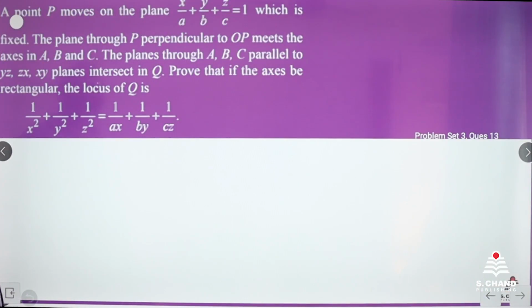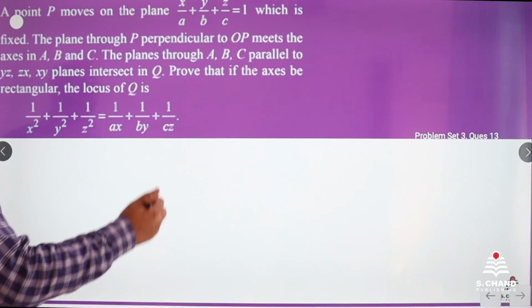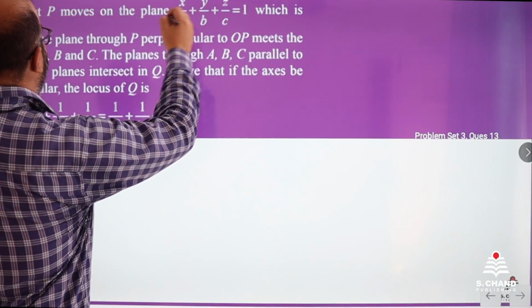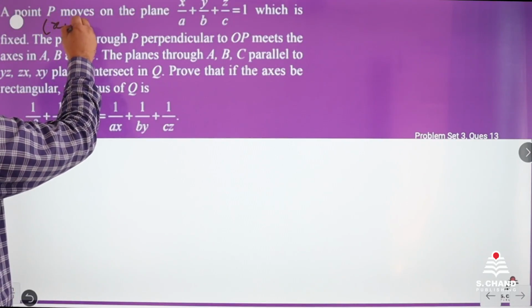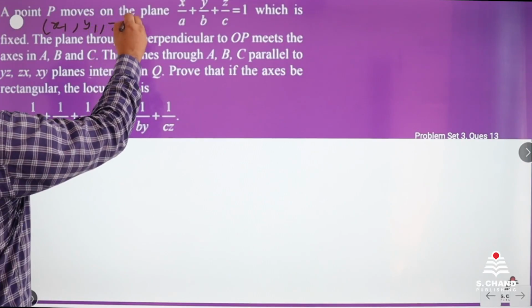A point P on the plane x by a plus y by b plus z by c is equal to 1, which is fixed. The plane is perpendicular to OP and meets the axes in A, B and C. So let us suppose the point on the plane P is x1, y1, z1.